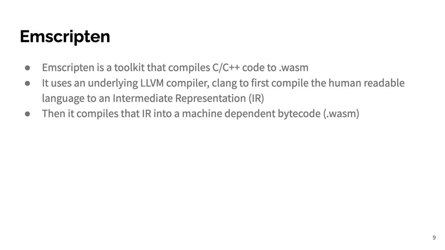Then the compiler backend, that's when Emscripten chips in, and it compiles that intermediate representation into a machine-dependent bytecode. That WASM file is finally x86 architecture dependent, or x64 architecture dependent, or ARM architecture dependent, that kind of thing. So it depends on the architecture at the end of the day.